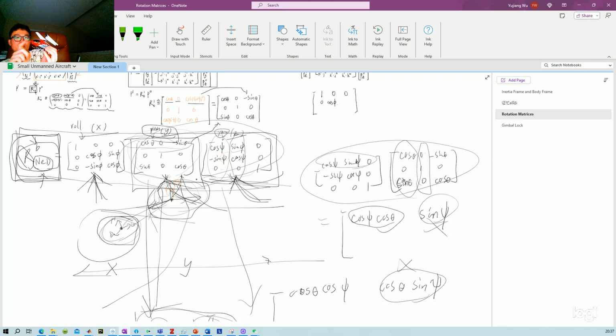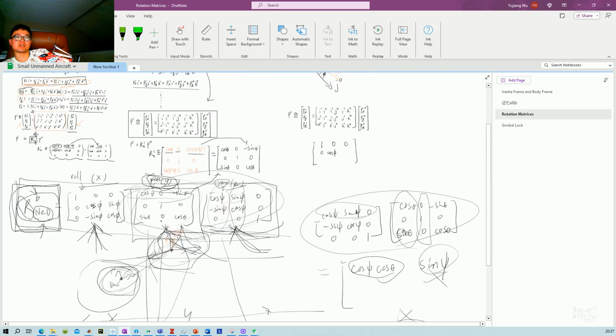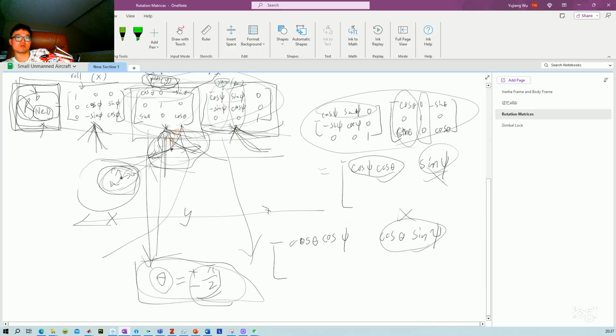So when we do flight control, we will avoid that situation. We will never control our plane such that we do that kind of movement, and that rarely happens. So that's why we define the pitch angle as our second rotation angle, the middle rotation angle, because it will never reach 90 degrees.